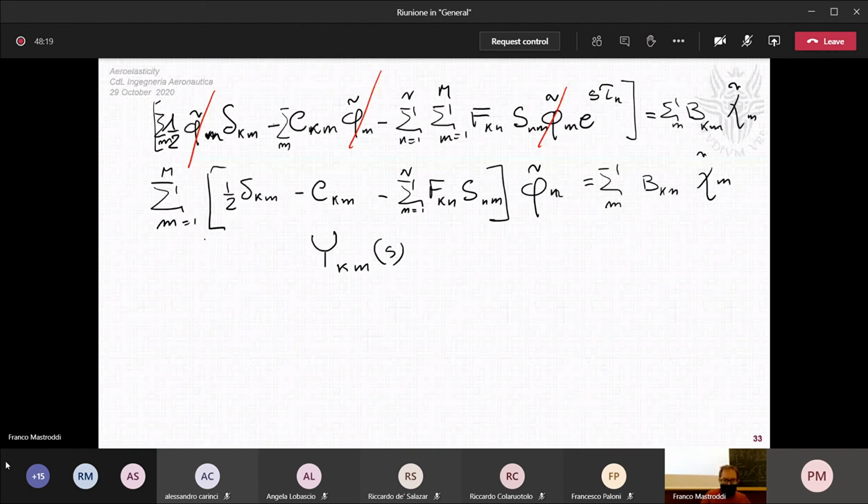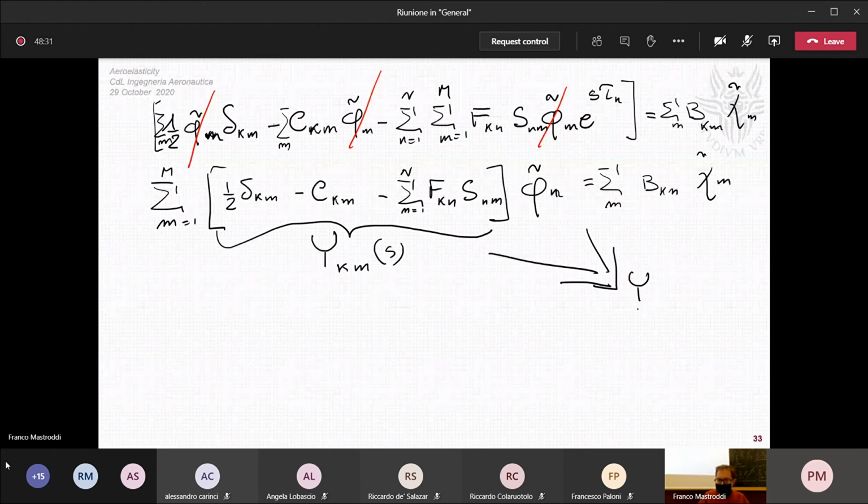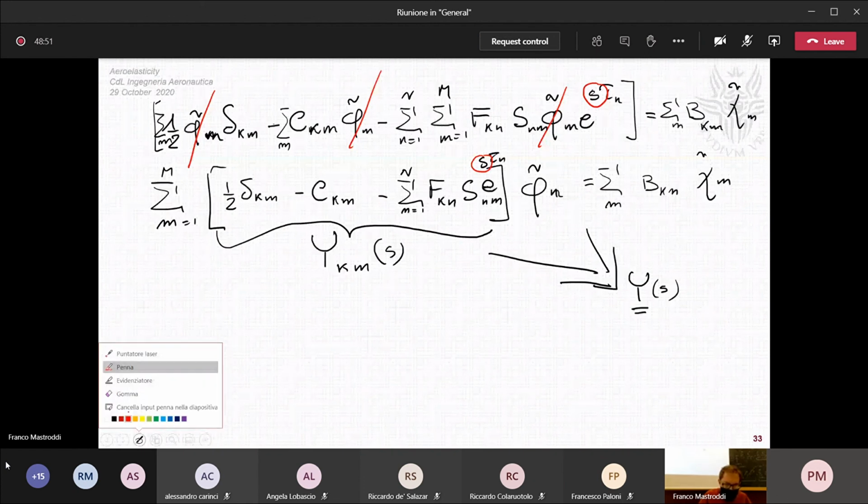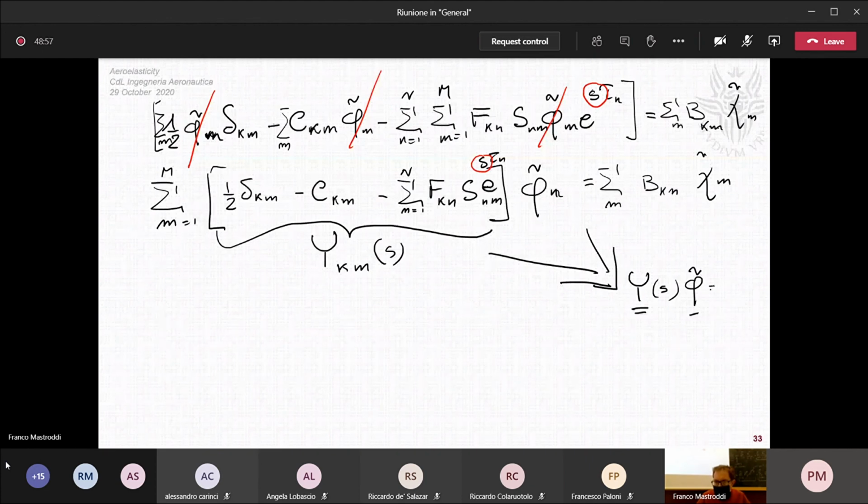And this is Y. This means that your Y matrix, function of s, has here e to the power s tau_n. Do not forget this, this is essential. It is the unique dependency on s. This matrix, applied to your phi tilde vector, is able to give you the b matrix times k tilde.